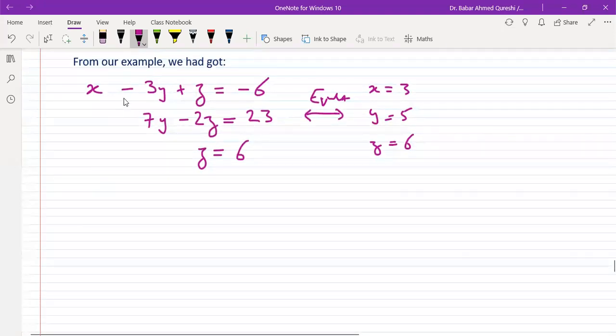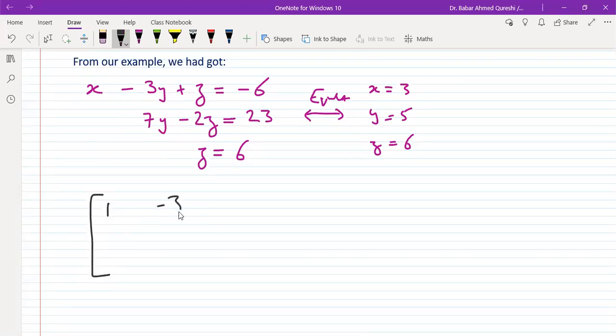Now, if this matrix is of this form, then this matrix is very simple.